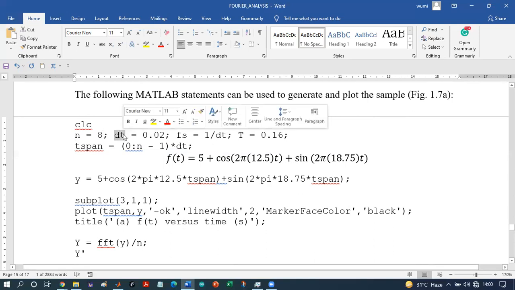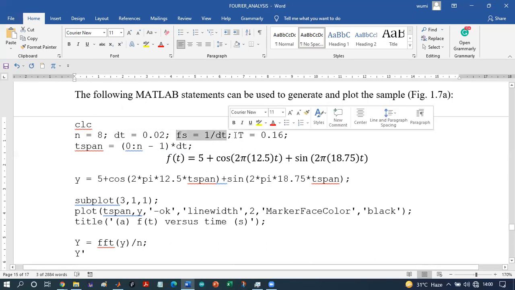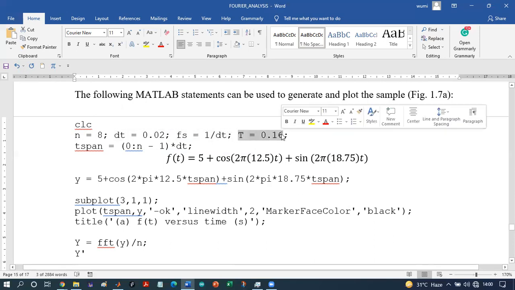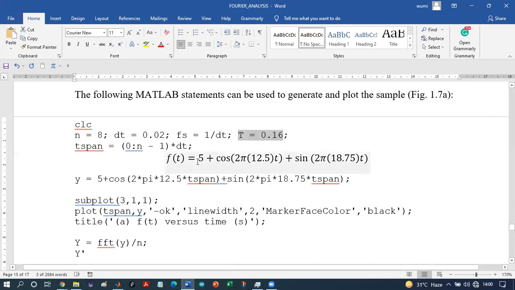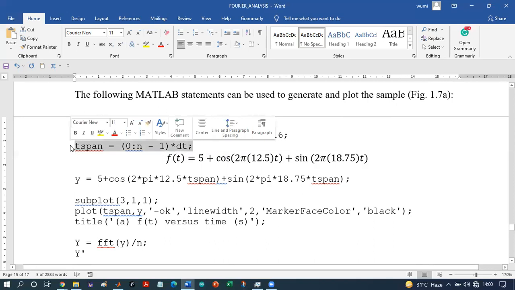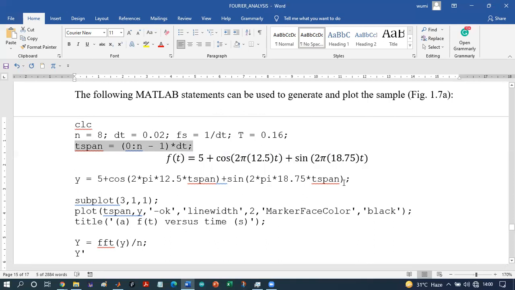The t, you put the value you were given in the question. But this line will be the same thing. Then this line will change depending on the question. But this line is going to be the same thing. It won't change.